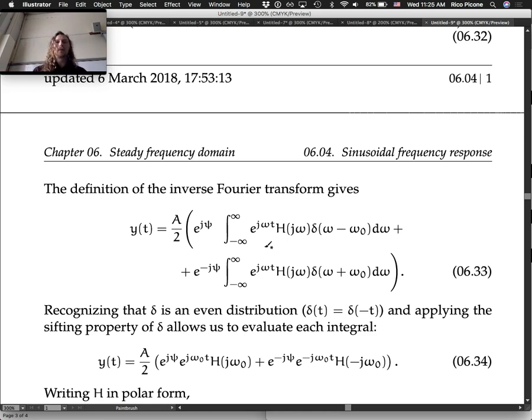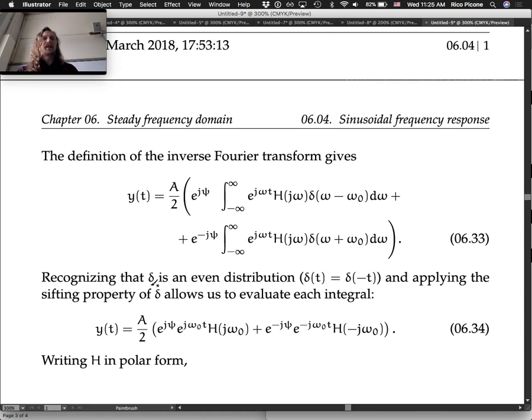So we have these integrals, still with these deltas in there, recognizing that delta is an even distribution, which is to say that delta of t is equal to delta of minus t, and applying the sifting property of delta allows us to evaluate each integral.